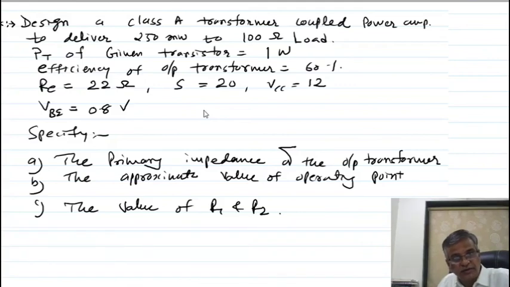On the Moodle platform, I will give this numerical and you have to write the answer there. What is the primary impedance of the output transformer, what is the approximate operating point, what is the value of R1 and R2. So on the Moodle platform I'll put this numerical for your practice.